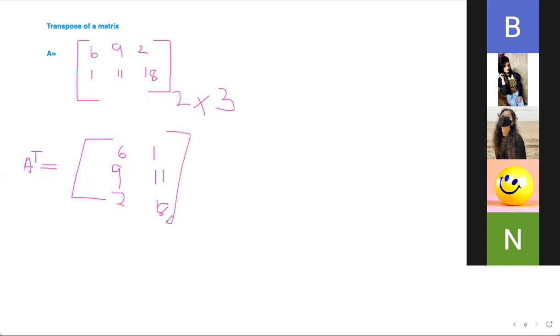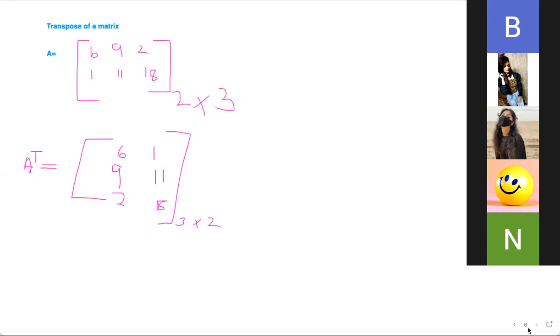Class? मैम रो को कॉलम में कर देना है ना? बराबर, रो को कॉलम में करना है. So what is the order of this? 3 by 2. देखो मैंने कैसे लिखा है यहाँ पे. Correct?